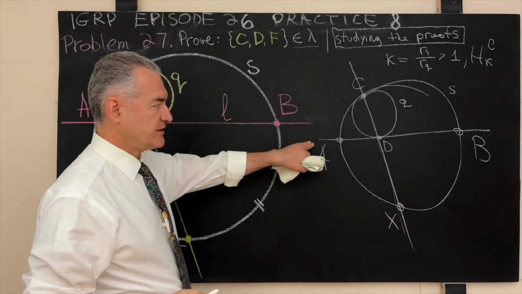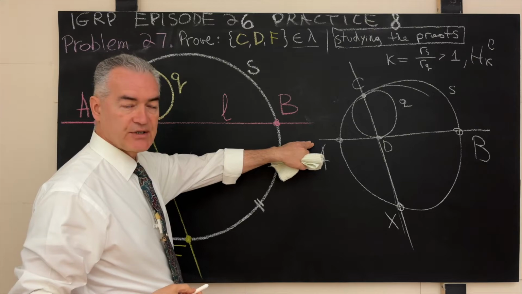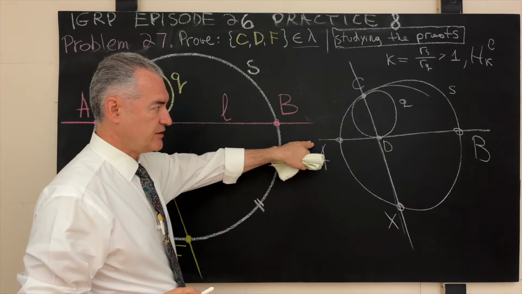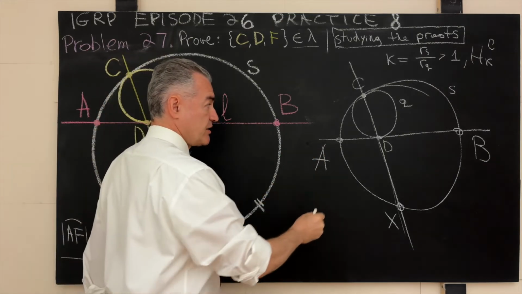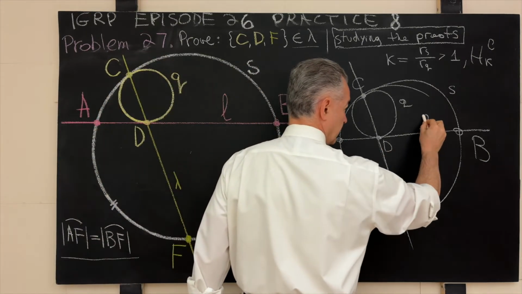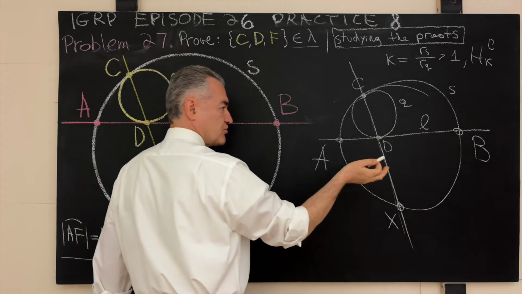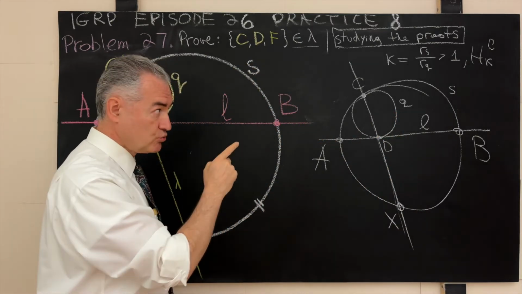Wonderful. The next theorem that you will prove as soon as you begin studying the transformation of homotopy is the following. Any straight line that does not pass through the center of homotopy, just like the straight line L, will be taken into a straight line that is parallel to the original.